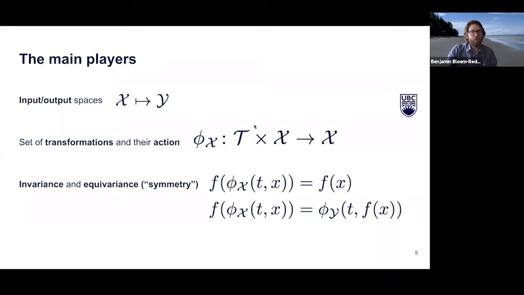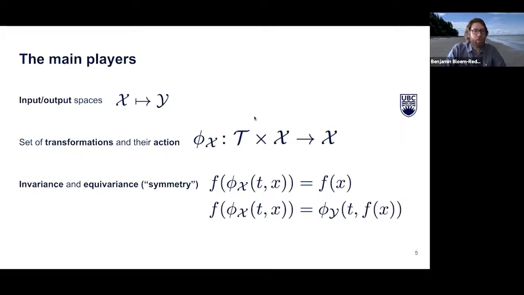Okay, so in my previous example, it might be different 2D rotations of the image. It might be scaling and cropping. It might be turning it into a grayscale image. But as sort of a mathematically abstract object, this is a set of transformations.